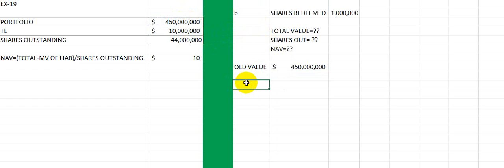Now the new value will be equal to old value minus shares redeemed times the NAV.